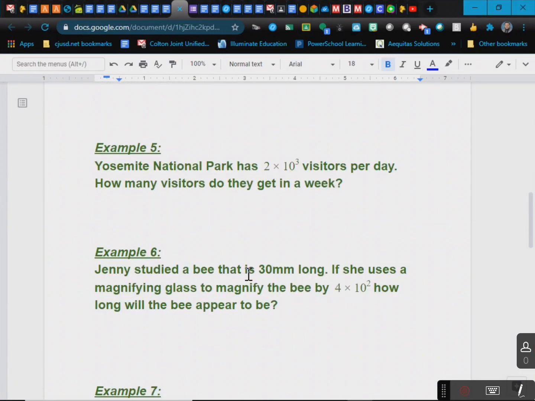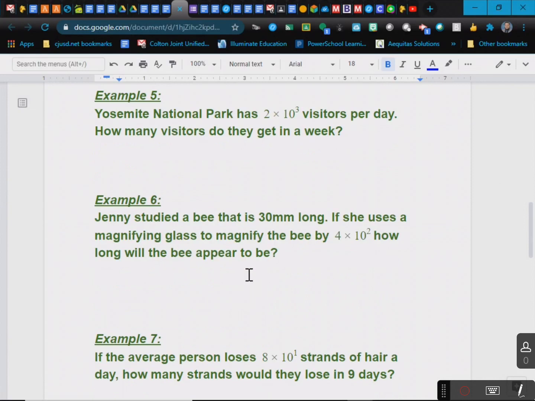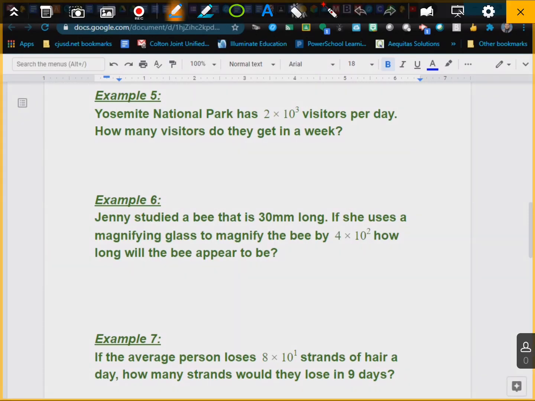Okay? The first problem is, Yosemite National Park has 2 times 10 to the third visitors per day. How many visitors do they get in a week? Well, I know 2 times 10 to the third. I know the 3 here tells me that there's going to be 3 zeros. 1, 2, 3.